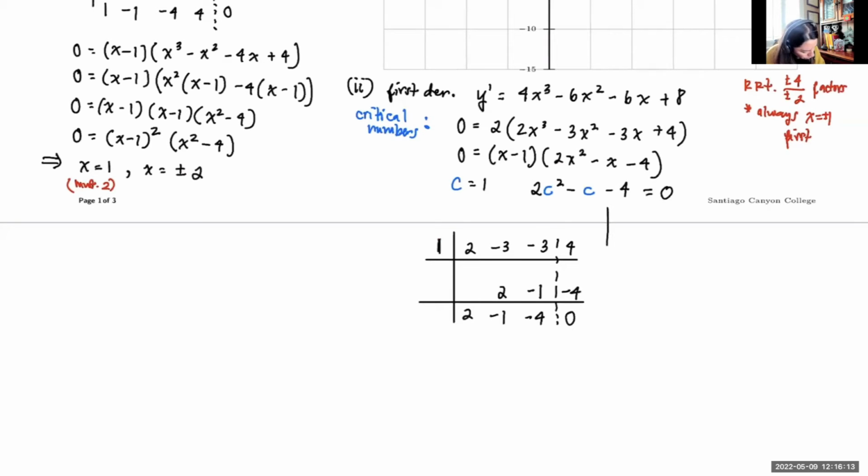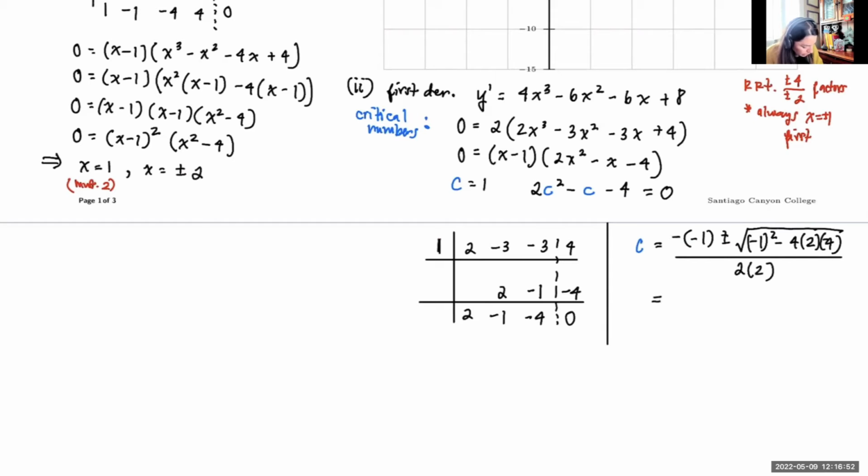So let me draw like a little line. And then here we could just say, well, C is equal to, right, negative B, so negative, negative 1 plus or minus the square root of B squared, so negative 1 squared minus 4 times A times C, all over 2 times A, so 2 times 2.